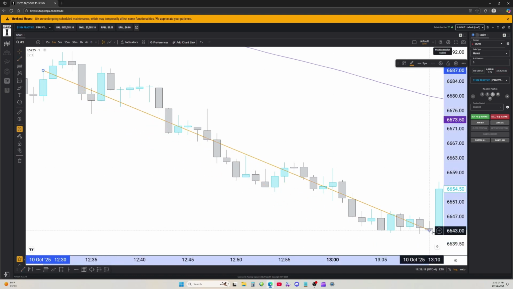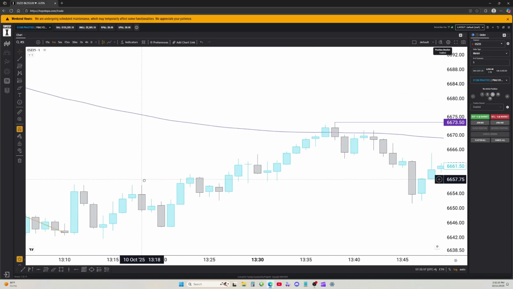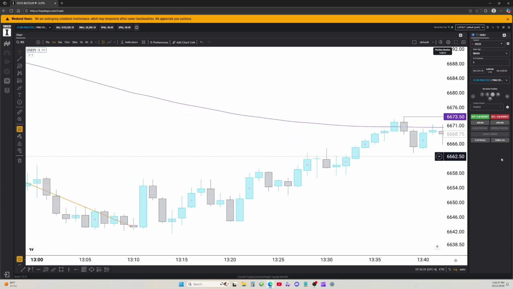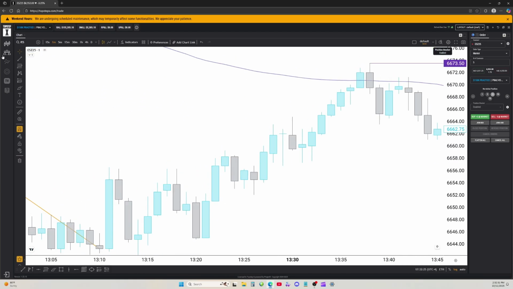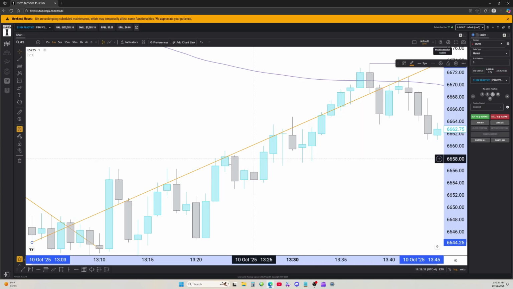From left to right, that's a downtrend. Okay? And then when it's moving from the bottom left to the top right of the screen, that's an uptrend.